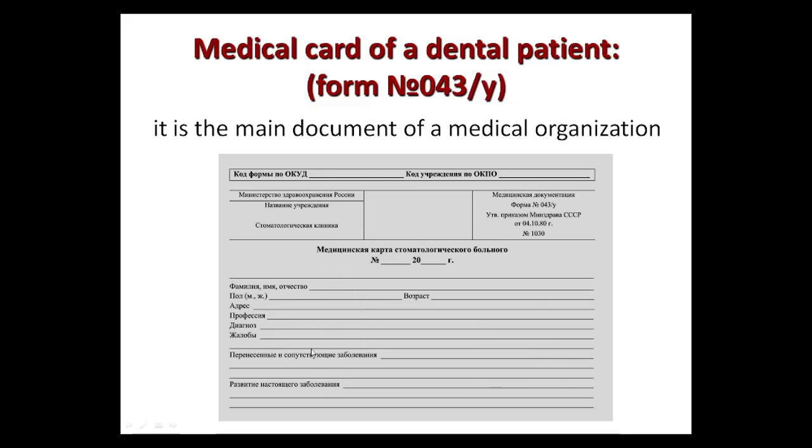It consists of several pages, and the main first pages have information about names, age, address, profession, passport data, and diagnosis, complaints, some data from anamnesis, concomitant diseases, and anamnesis of the current morbid condition.